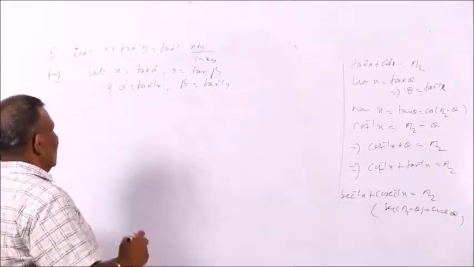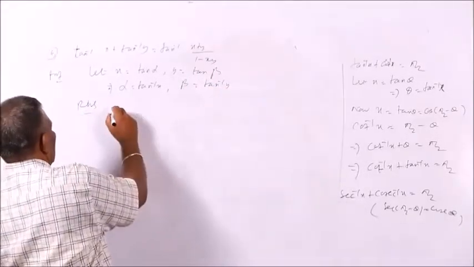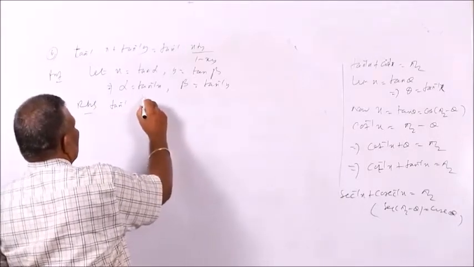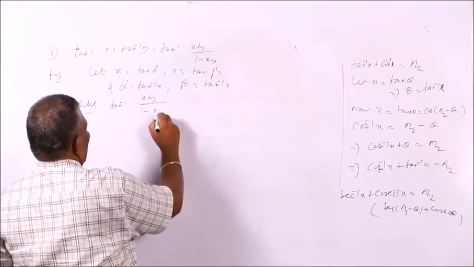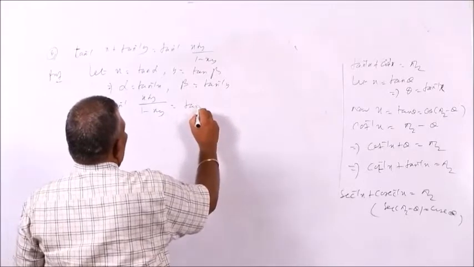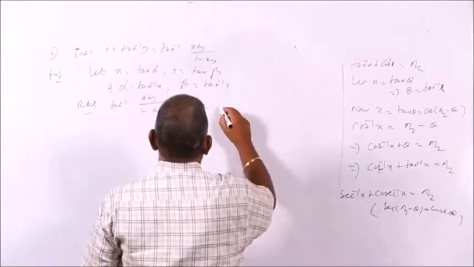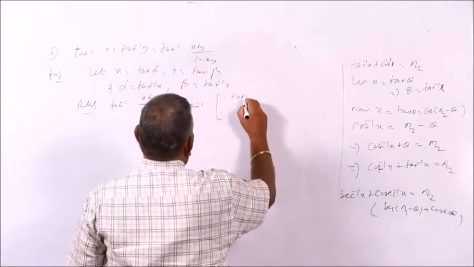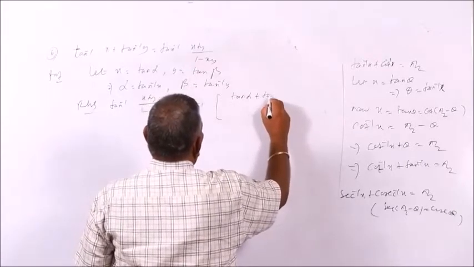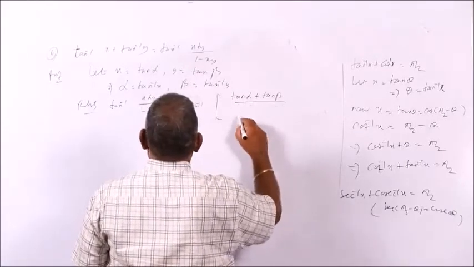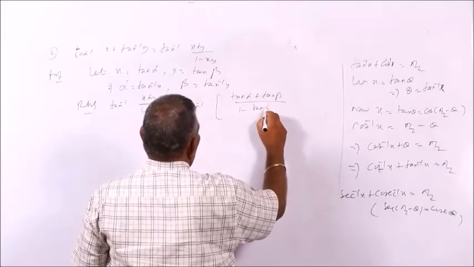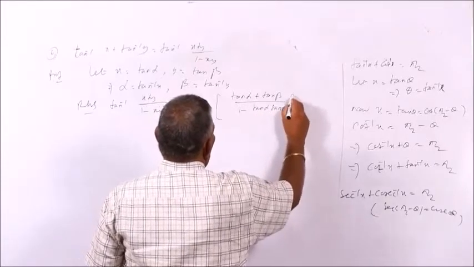Let us start from RHS. Tan inverse x plus y by 1 minus xy equals tan inverse. In place of x and y we can replace tan alpha plus tan beta whole divided by 1 minus tan alpha into tan beta.